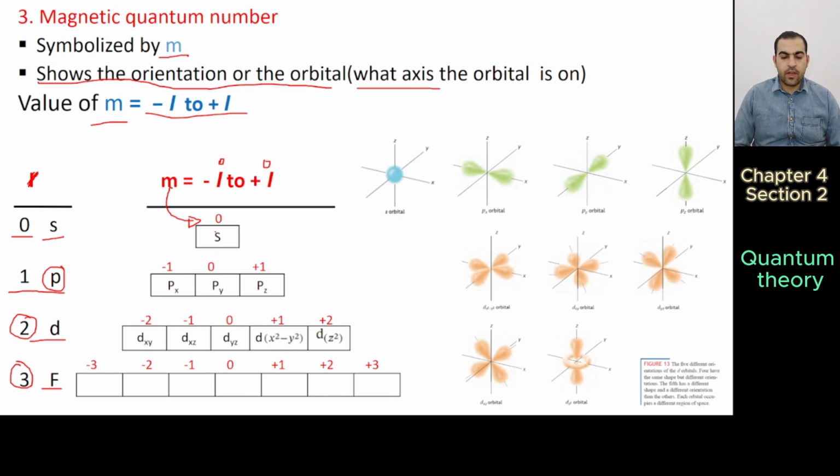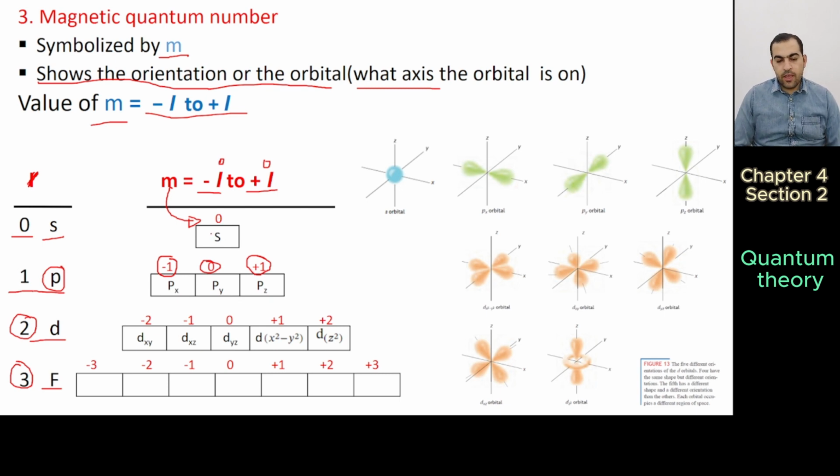So for the S orbital, we give 0. For the P sublevel, we have 3 orbitals. We start from minus L on the left to positive L on the right, and between these we have 0. This is how we number the orbitals of a sublevel.